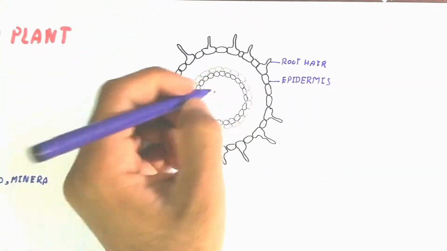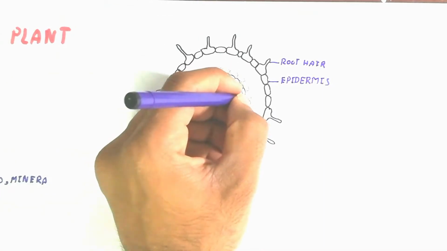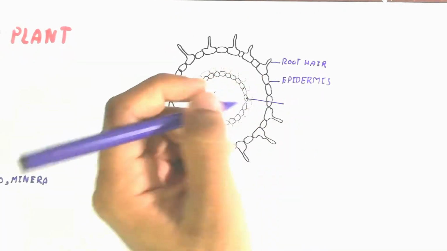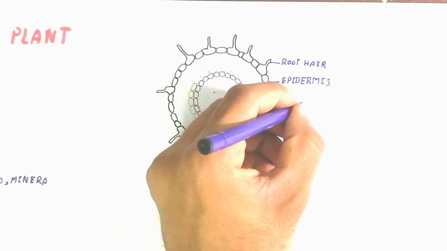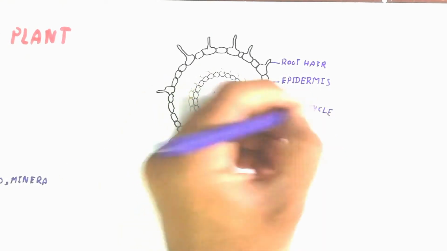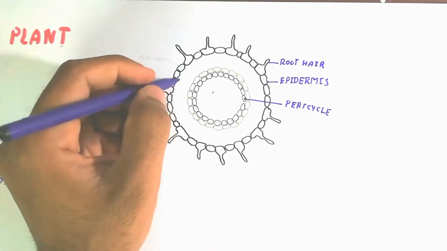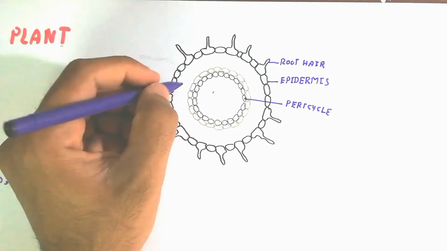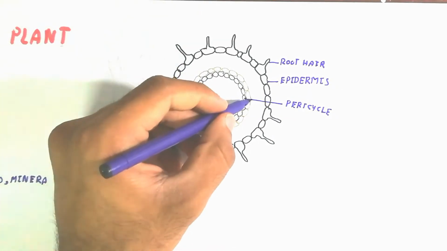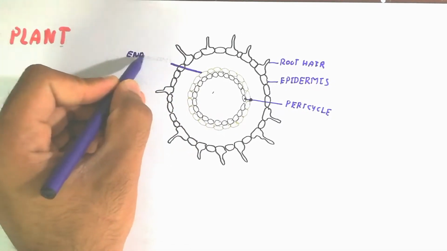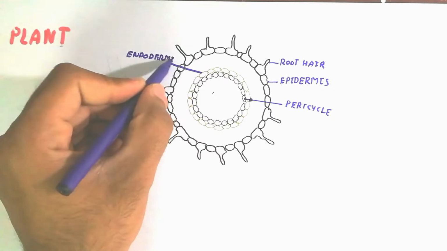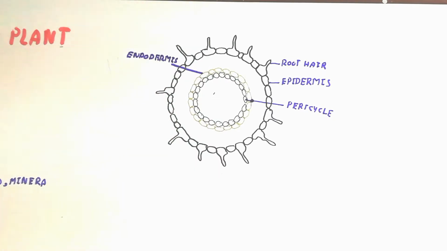So here I will draw another cross section of the root, in which the endodermis is present. There's the epidermis, and the root hairs are present. Here is the pericycle, and the upper side of the pericycle is known as the endodermis. The endodermis is the whole cover of the pericycle, xylem and phloem on the inner side.